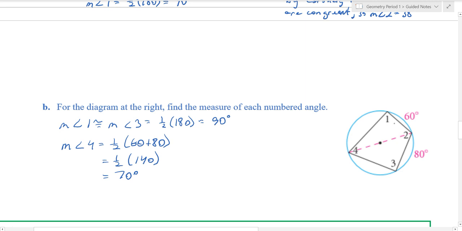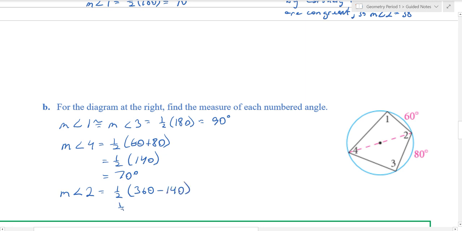It opens up and intersects this arc right here, right? We don't know what that arc is, but we know the other two, and we know that the whole circle is 360. So the measurement of angle 2 equals 1/2 times the whole circle, 360 minus 140.